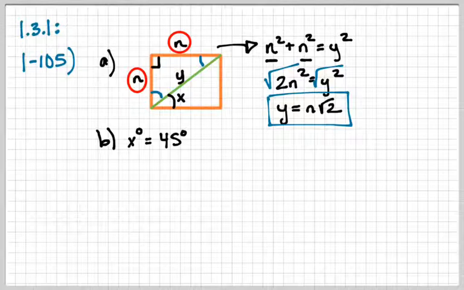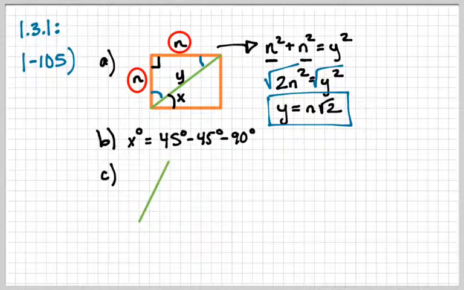This is a special type of triangle, which we'll use in the next section, 1.4, and this ratio of the sides, n, n, and n radical 2, is going to be important for us also. Part C gives us a different triangle. Go ahead and draw this in. Looks isosceles again.